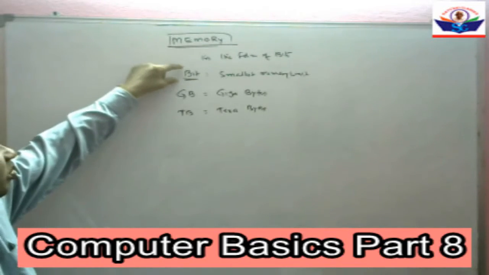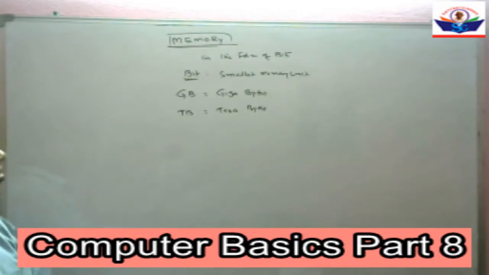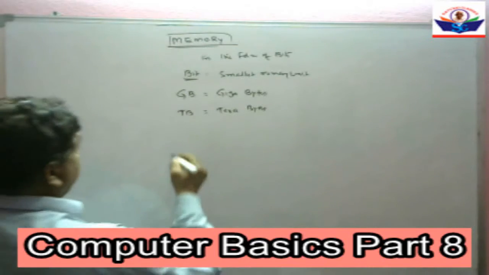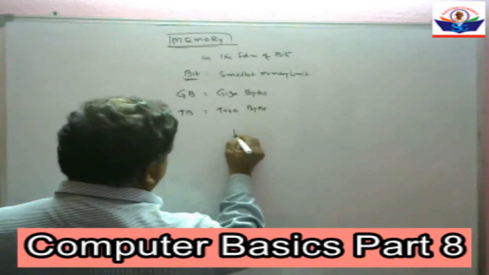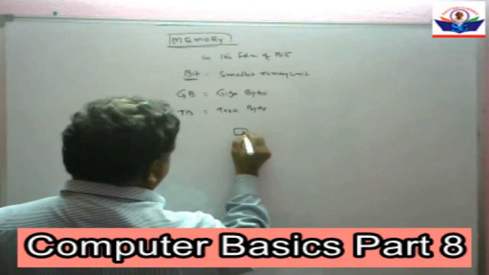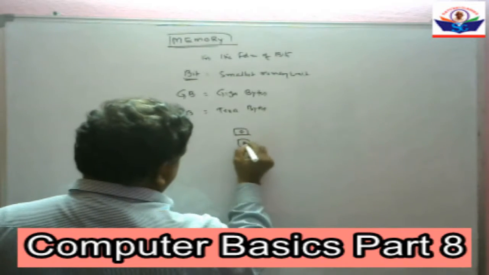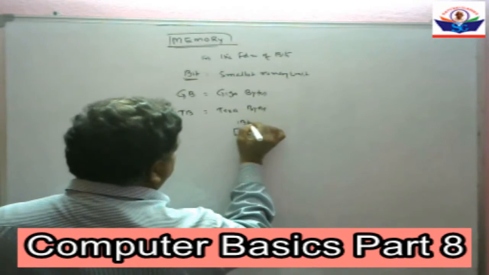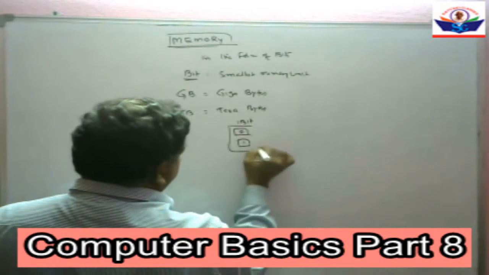What is the smallest memory unit? Now, in one bit we can have either 0 or 1.